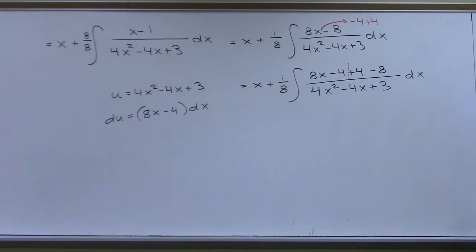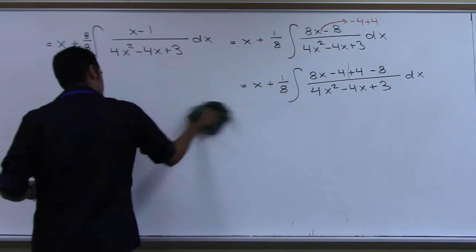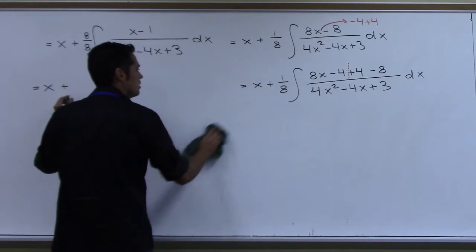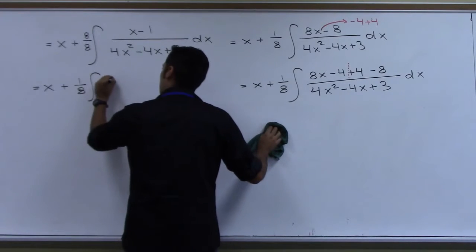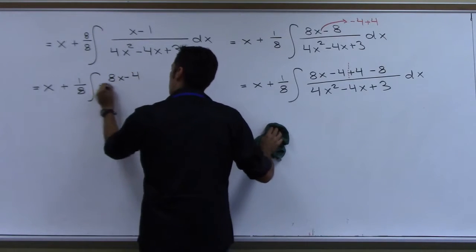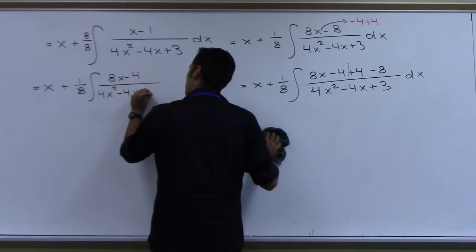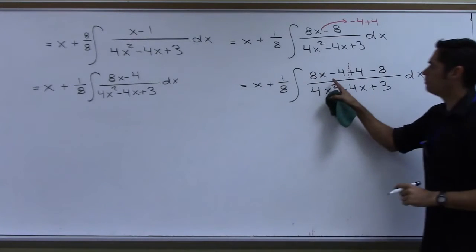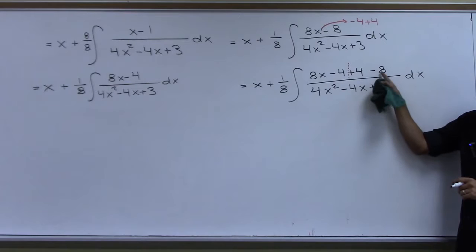All right. So let's rewrite where we are here. We've got x plus 1/8 integral 8x minus 4 over 4x squared minus 4x plus 3 dx. That's one integral. The other integral is this minus this. That's -4.